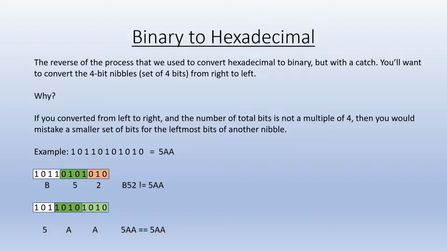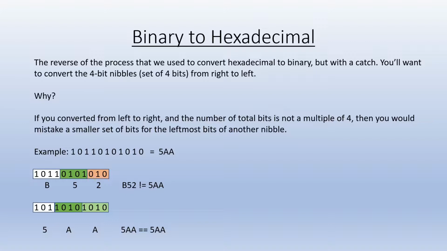101101011010, which is 5AA in hexadecimal because I looked it up. So the first example on the top shows you what would happen if you took nibbles from left to right.